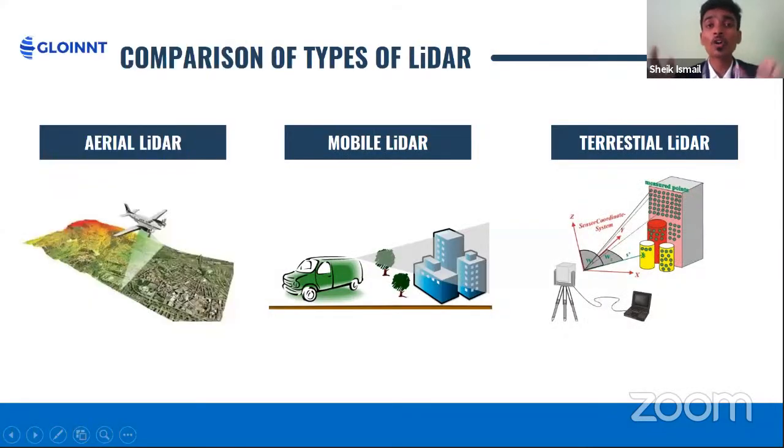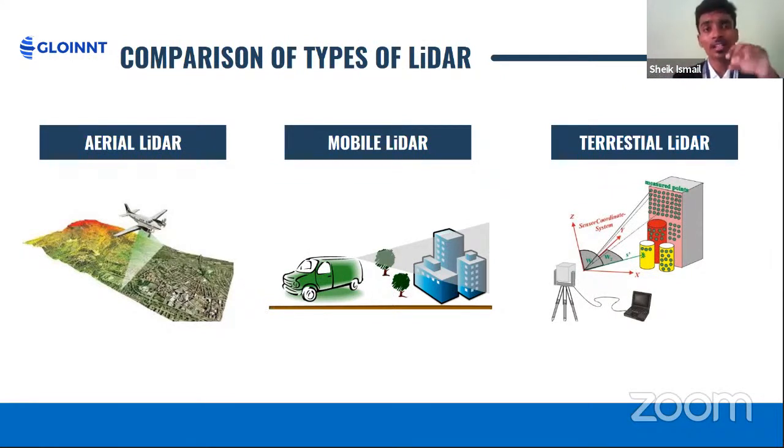When you compare all the three lidar systems on a single platform, aerial lidar is what exactly? You start capturing features from the top. Not only aeroplanes, but drones and helicopters, you start mounting your lidar sensors on the bottom of the flying object, and it captures the earth surface with a minimum or maximum height, depending on the vehicle.